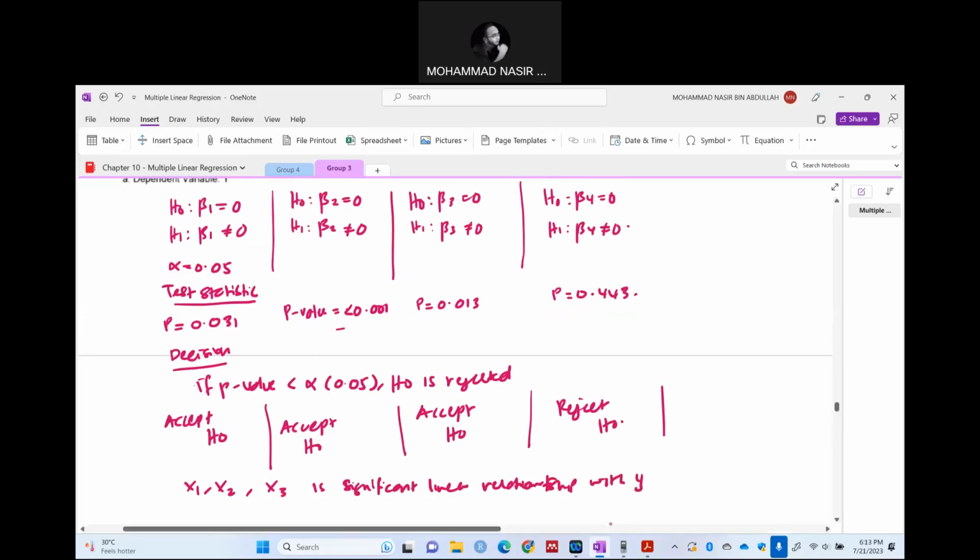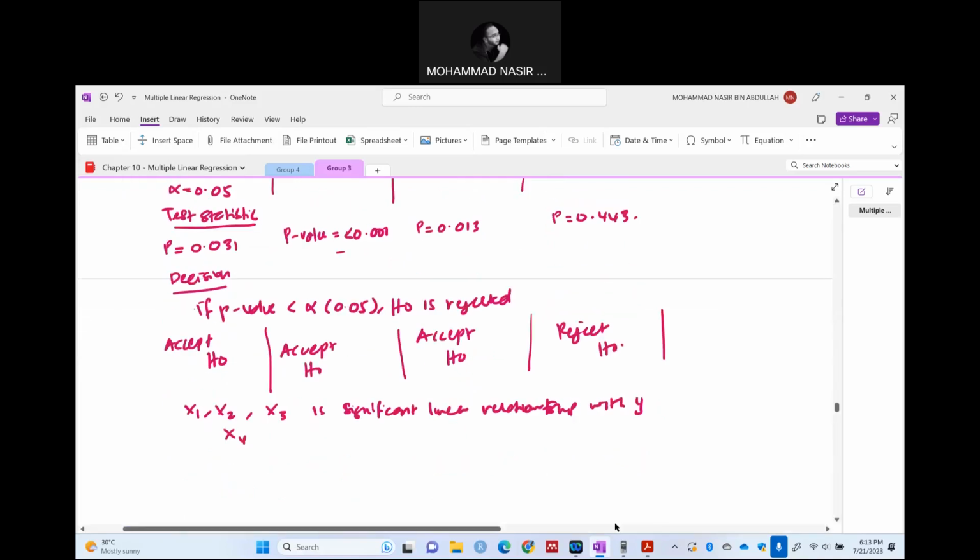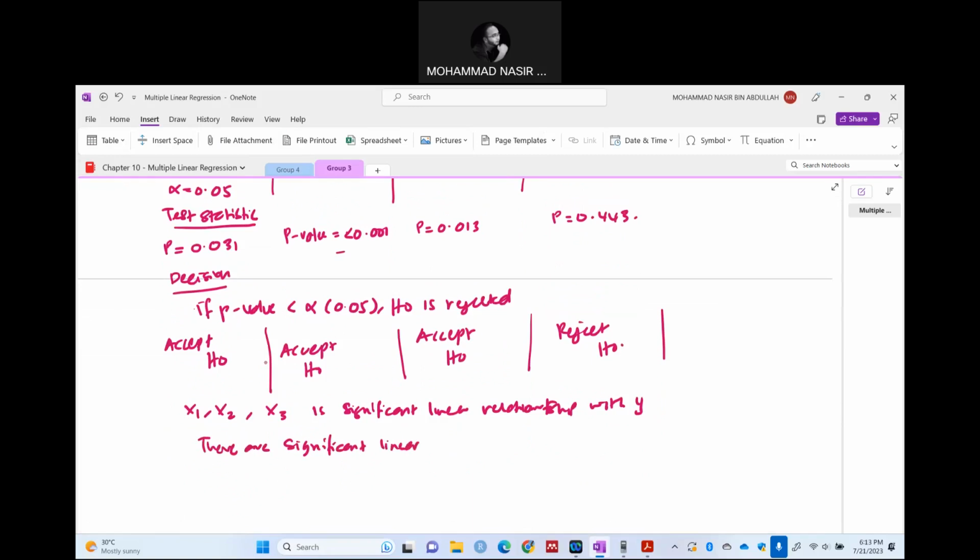Except x4. Put in proper words. So they have a significant linear relationship between y and x1, x2, x3.